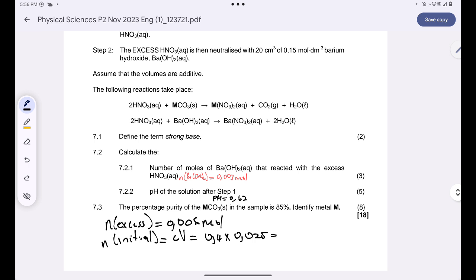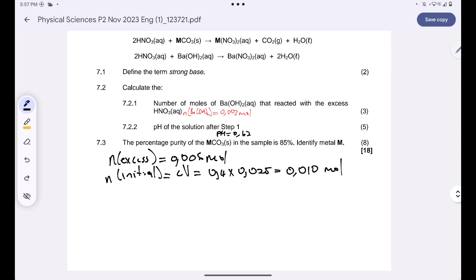So 0.4 multiplied by 0.025 will give me 0.010 moles. Are you together? This is 0.010 moles, or you can just leave it like this, 0.01 moles.